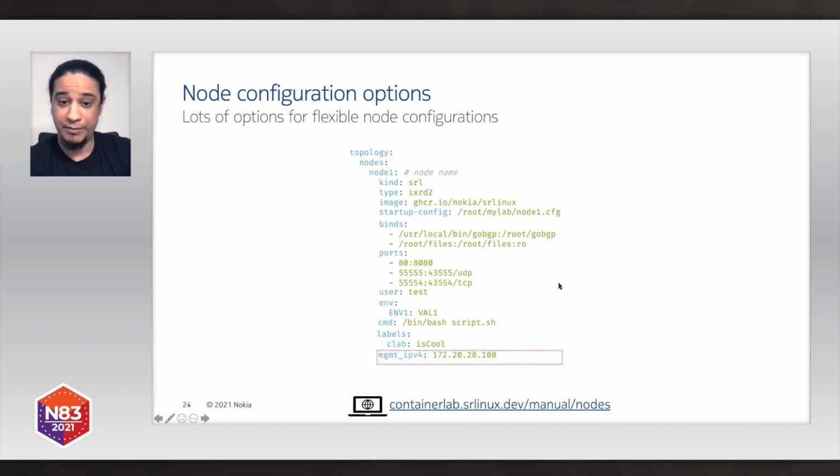There's also a mgmt-ipv4 field that allows you to set a static IP as a management IP for your nodes, and a similar field exists for IPv6, mgmt-ipv6. The full list of configuration options is available in the link you can see at the bottom of the slide.